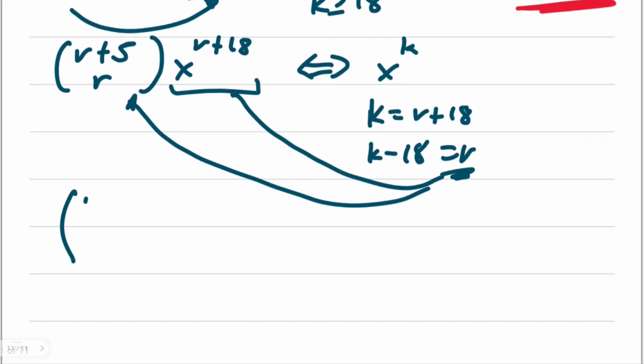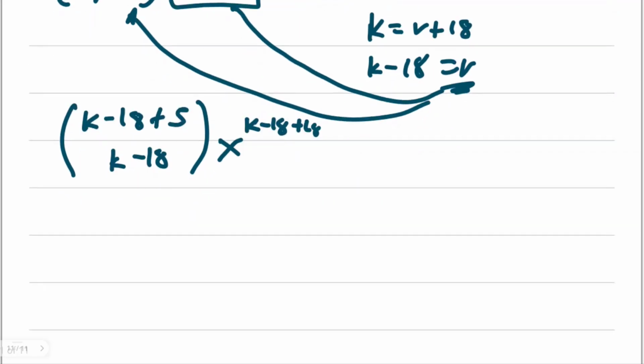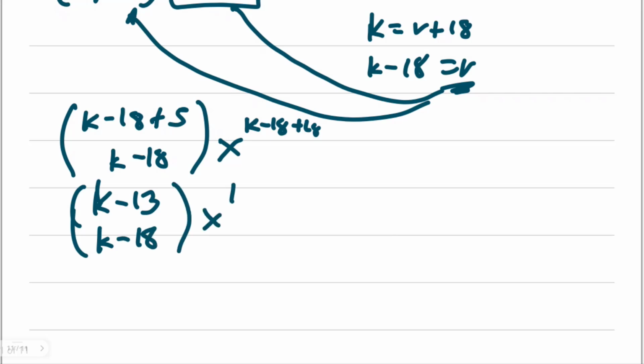You will have k minus 18 plus 5 combination k minus 18, times x to the power of r, which is k minus 18 plus 18. This is actually equal to k minus 13 combination k minus 18, and x to the power of k. So this is now the intended coefficient.